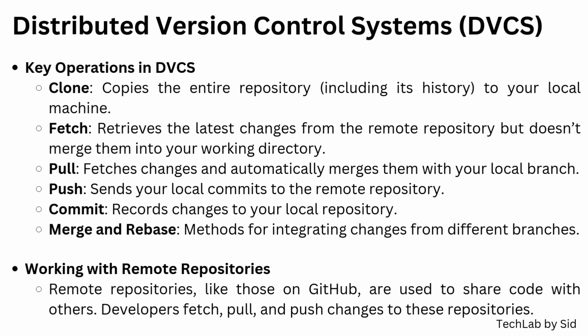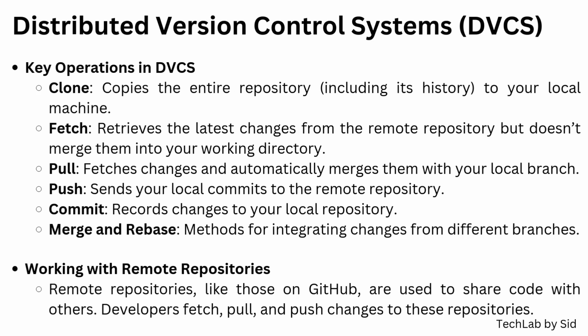Key operations in DVCS. Clone. Copies the entire repository, including its history, to your local machine. Fetch. Retrieves the latest changes from the remote repository without merging them into your working directory. Pull.